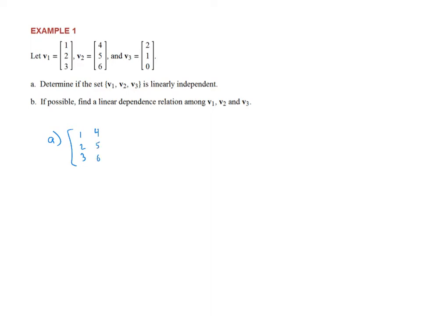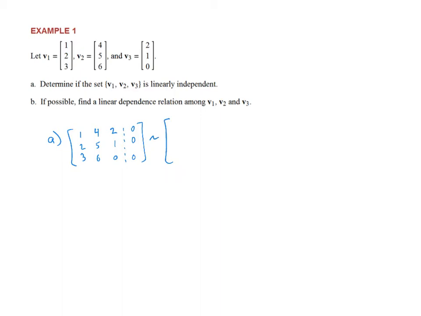You can choose to augment this with a column of zeros or not. That is entirely up to you. Actually, I'm going to keep my column of zeros for this example. At some point I won't. And then we're going to do some row operations and see what we get here.